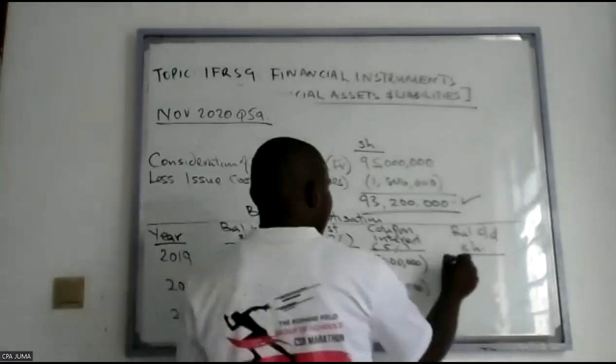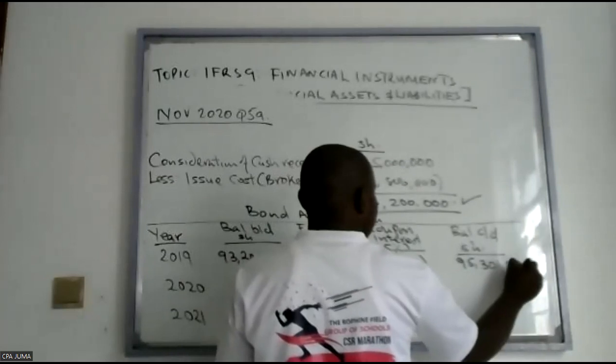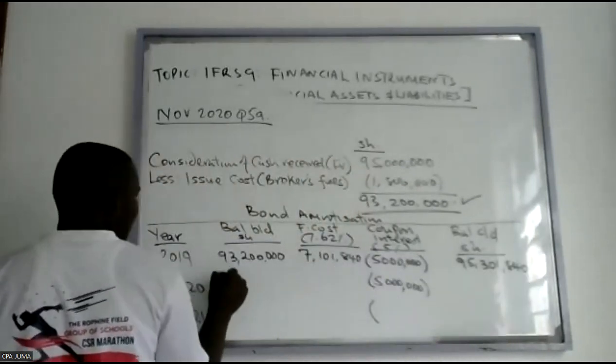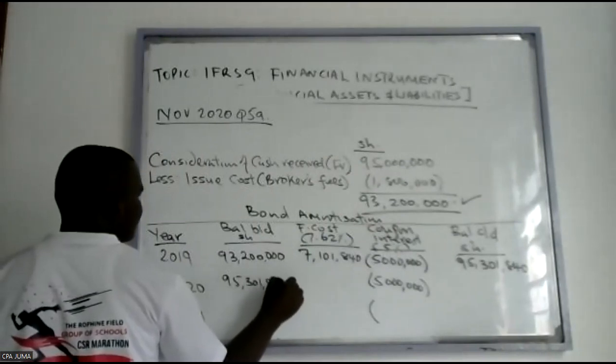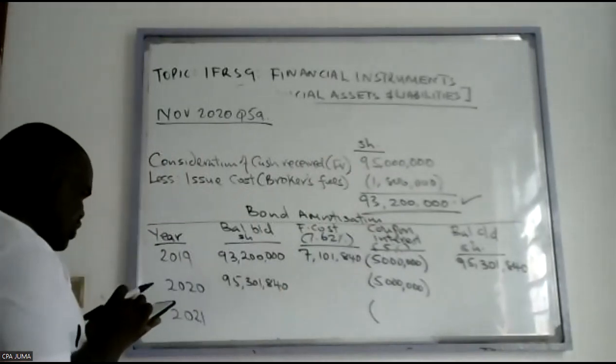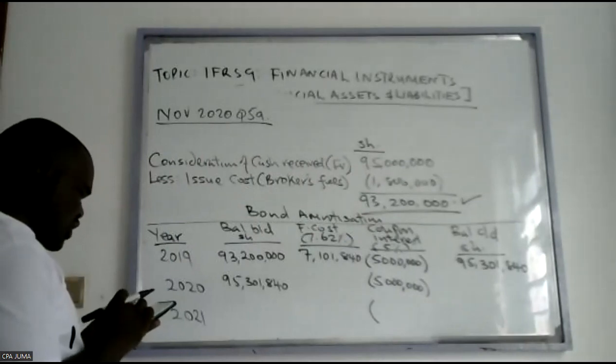You get 95,301,840. 95,301,840 times 7.62%.